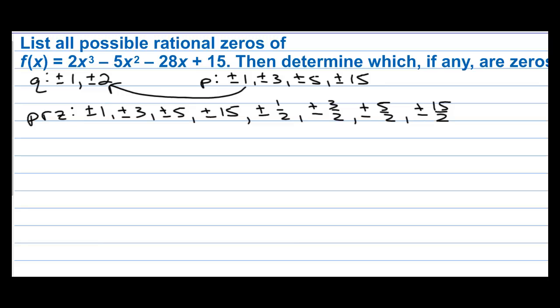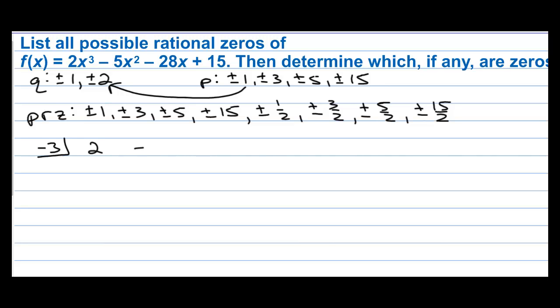Well, I could try 1, and then negative 1, and then 3, and then negative 3, and find out which is the first one that gives us a 0 as the remainder. For the sake of time, the first one that works is negative 3. So 1 would not work, negative 1 would not work, 3 would not work, negative 3 does.